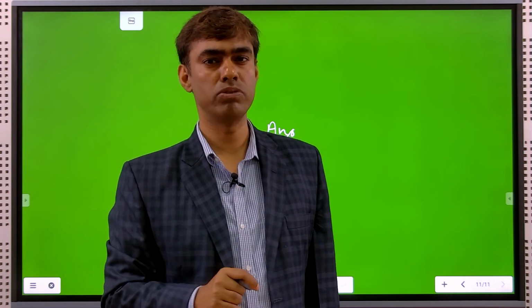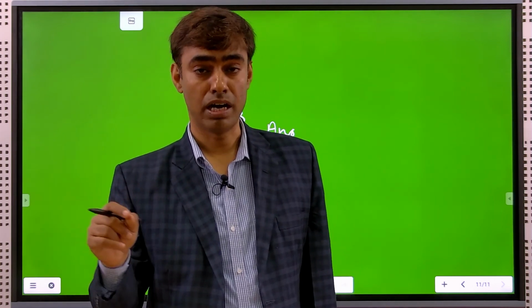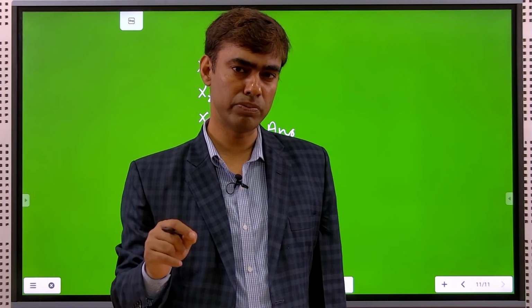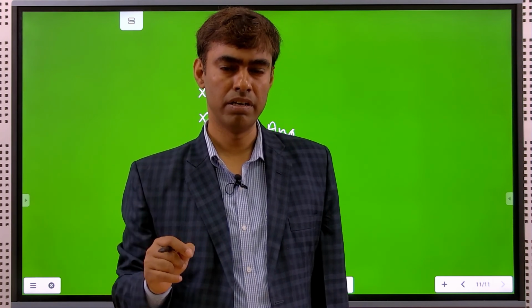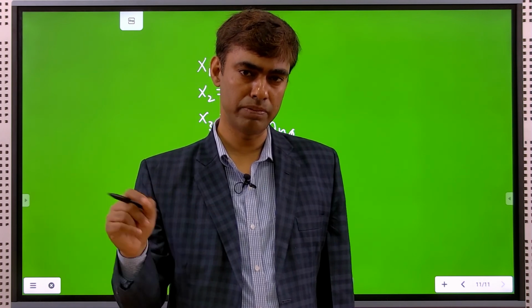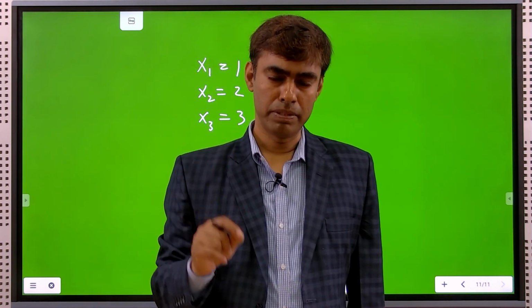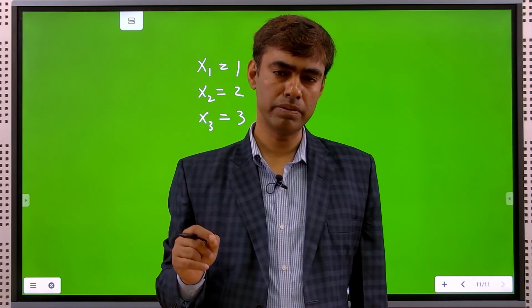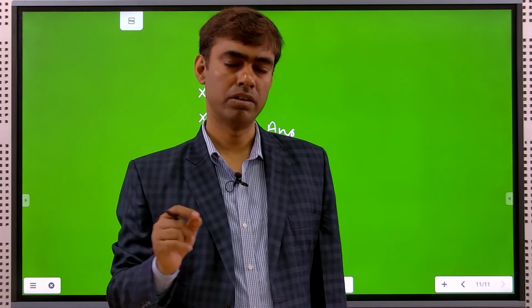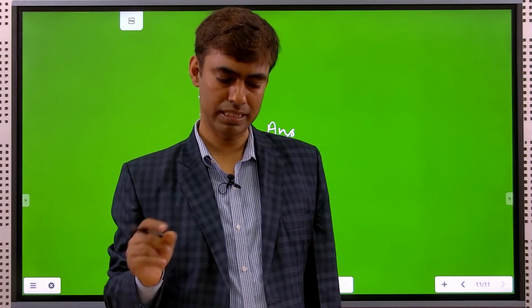Once we find the values of Z1, Z2, up to Zn, the unknowns of the vector Z, we put the values of Z in the equation Ux equal to Z. Then we solve with the help of backward substitution and find the values of the unknowns x1, x2 and x3.